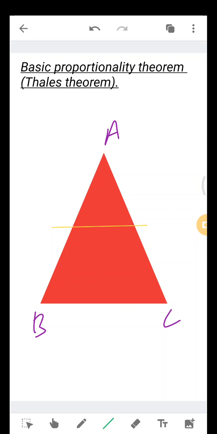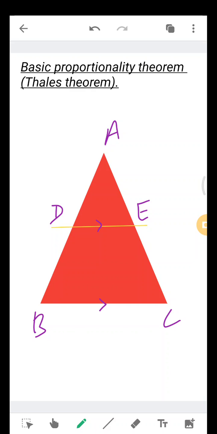So I have drawn a line, you can see a yellow colored line DE. If a line is drawn parallel to one side, so this DE is parallel to BC.